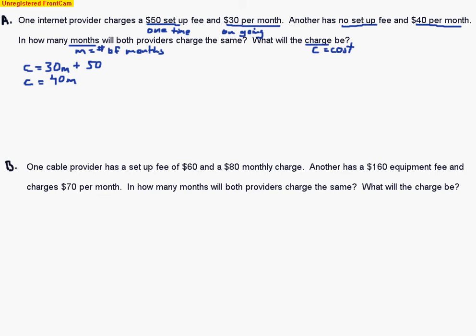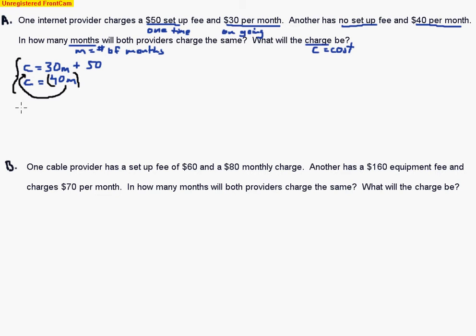Well, now we've got our system. See, this is a system of equations. Two unknowns, we can solve. So we're going to use substitution. We're going to take that 40M and put it in place of the other equation's C value, since that's what it equals. So we'll rewrite what we've got.